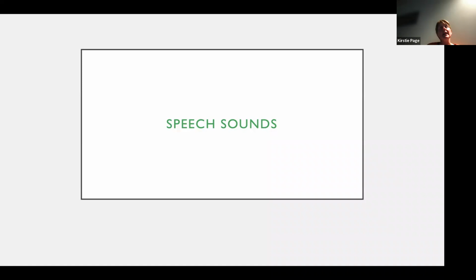And normally it's the one thing that parents are going to be more concerned about over and above other things. Not always, but a lot of the time parents will be more concerned about speech sound changes than they will be about issues with understanding, for example.